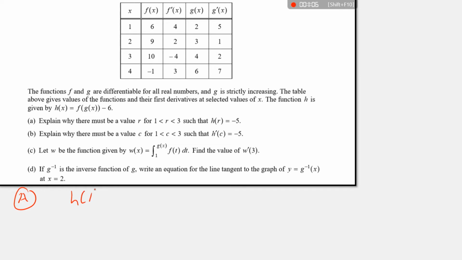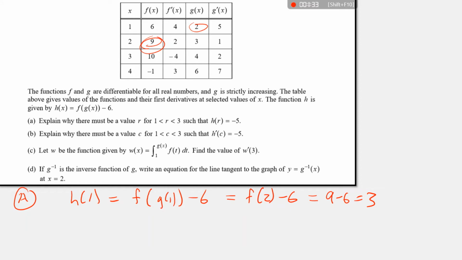Okay, so I've got h at 1 is equal to f of g at 1 minus 6. G at 1 is 2, so this is f at 2 minus 6, so I'm working inside out. F at 2 is 9. So that's 9 minus 6 is positive 3.